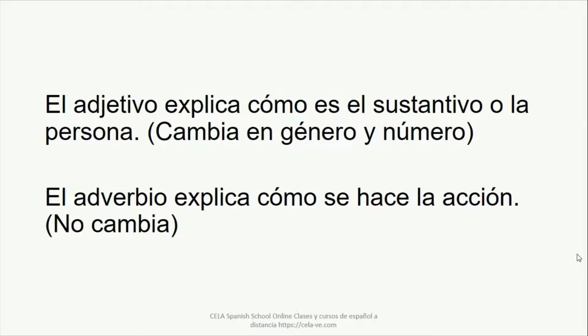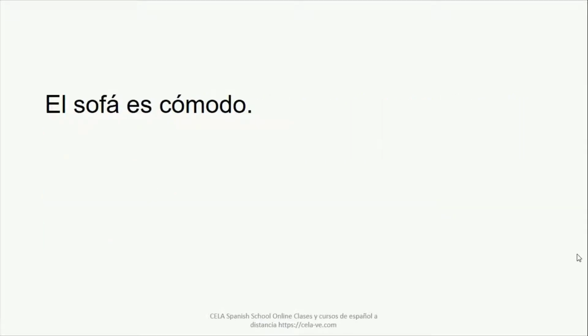Now, let's briefly explain what an adjective is and what an adverb is. The adjective tells us what a person, animal, or thing is like. An adverb tells us how an action is done. El sofá es cómodo.